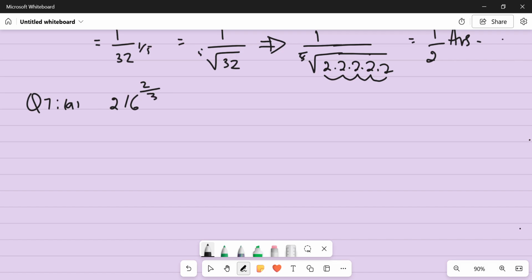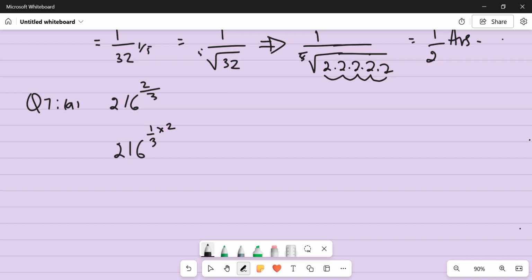We will learn in the laws that if the power is like 2 over 3, we break it into 1 over 3 times 2. Why did I write this 1 over 3? Because I want to convert this 216 into a radical.